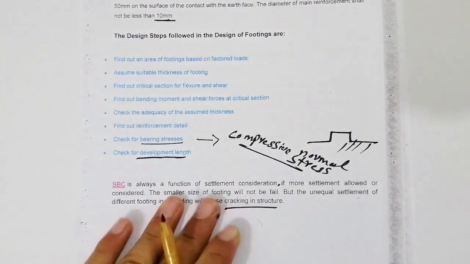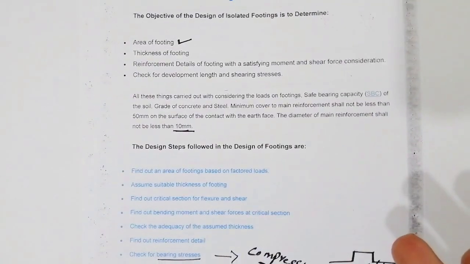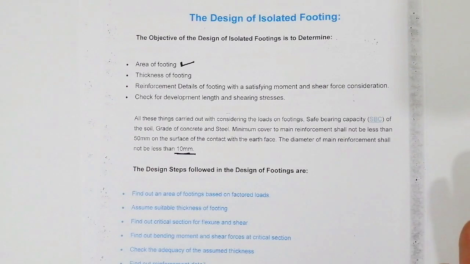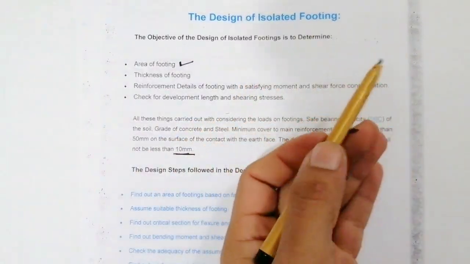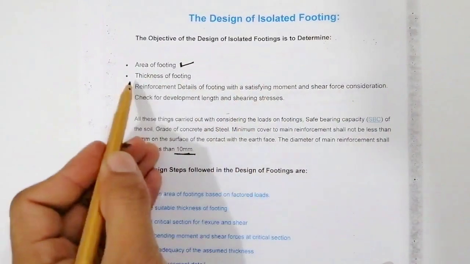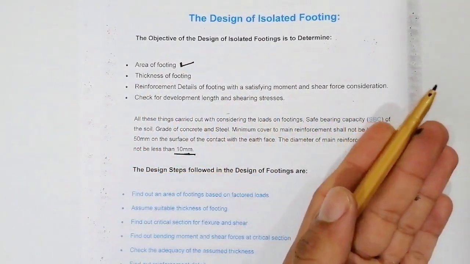So guys, settlement makes cracks in footing. Therefore you should check for settlement, especially for isolated footing and any type of footing. You should check its stresses and also the bearing capacity of soil, and then from the footing loads you can find area, thickness, reinforcement details, and check development and shearing stresses.